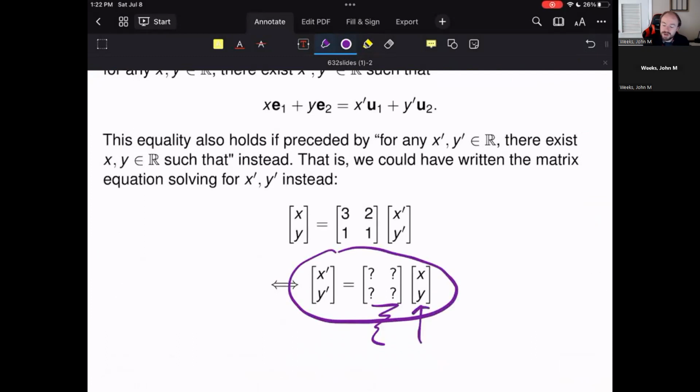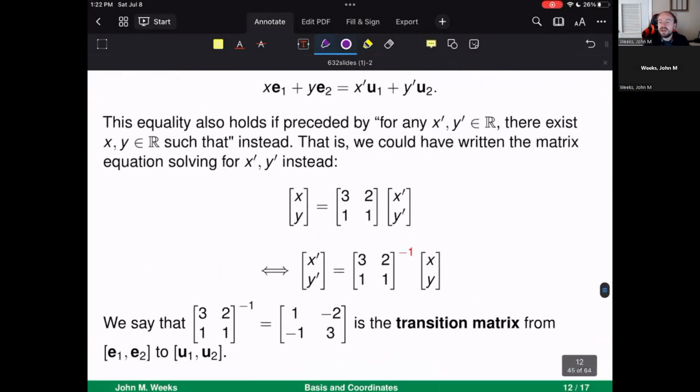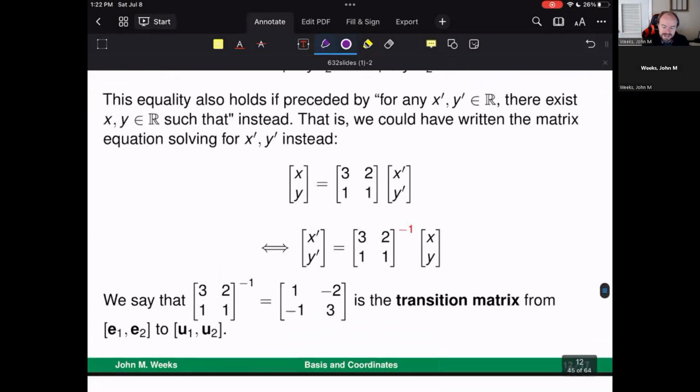And indeed, if we take the inverse of our transition matrix, we get another transition matrix. But this time, instead of going from the new system to the old system, it goes from E1, E2 to U1, U2. It goes from the old system to the new system, from the standard basis elements to the basis elements we have defined for R2.